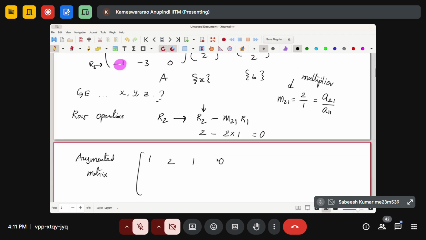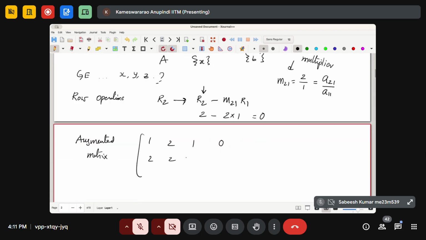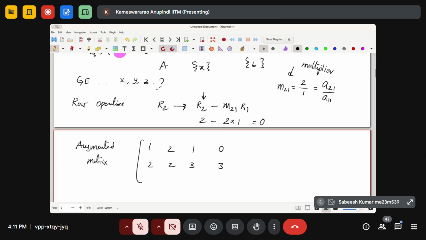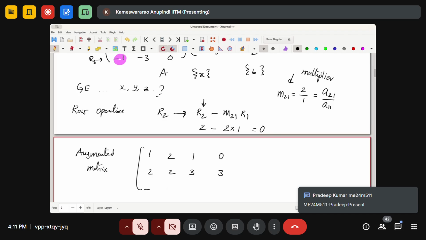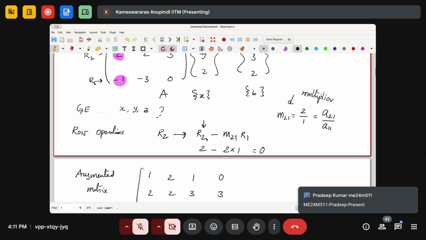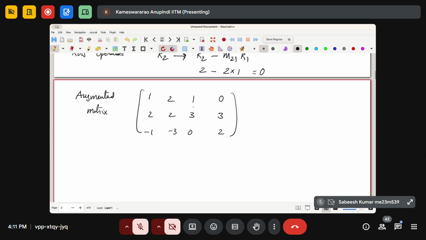This is the right hand side, and then we have 2, 2, 3, and then 3. Okay, this is the right hand side. And we have -1, -3, 0, and right hand side is 2. Okay, so this is the augmented matrix. We know that this is the coefficient on the left, on the 3 rows, and this is the RHS vector.